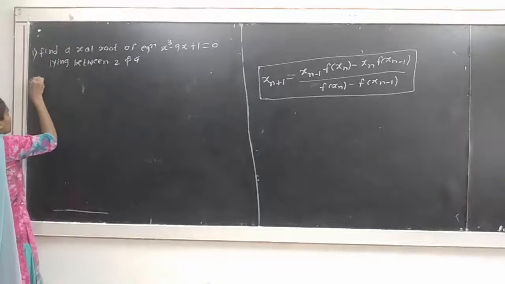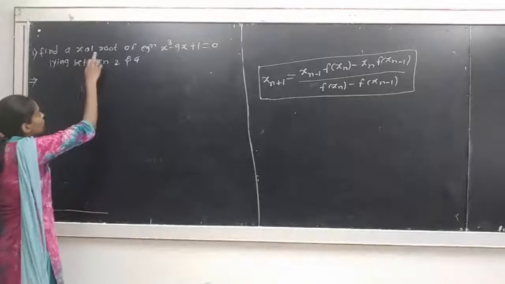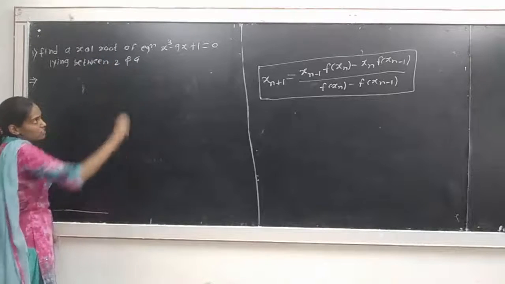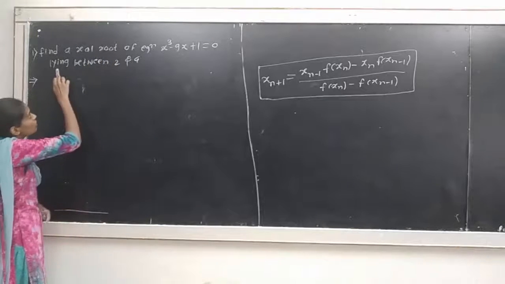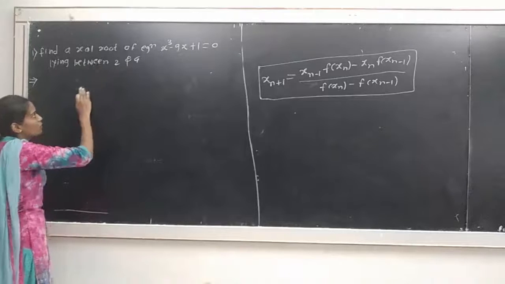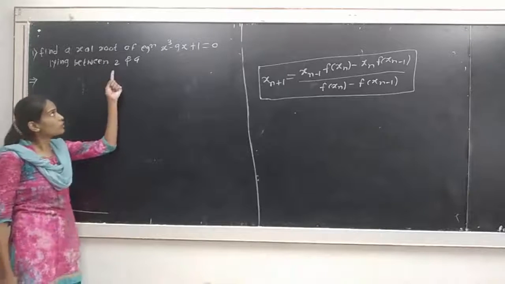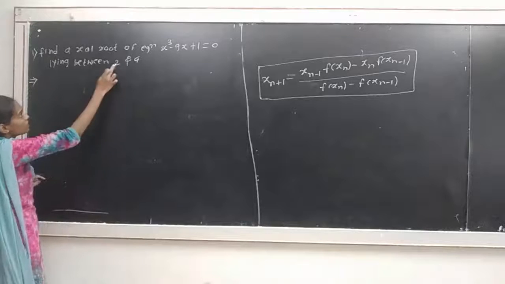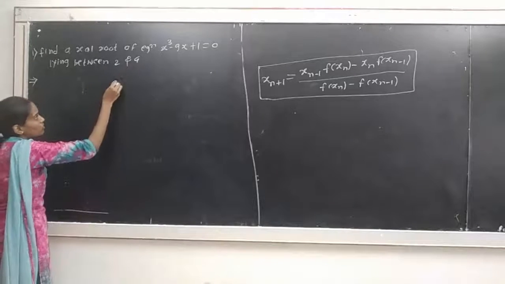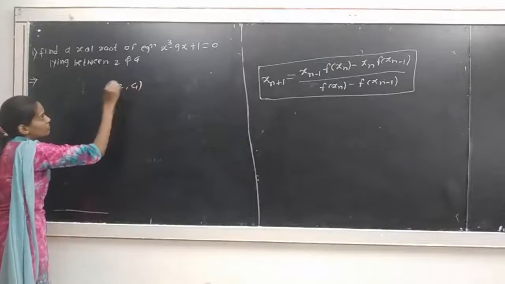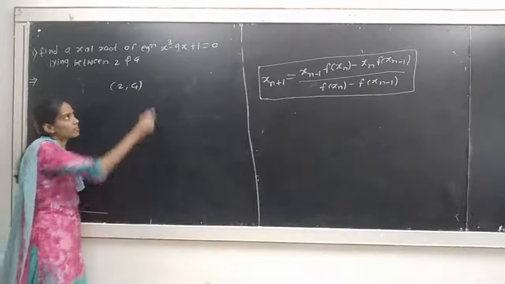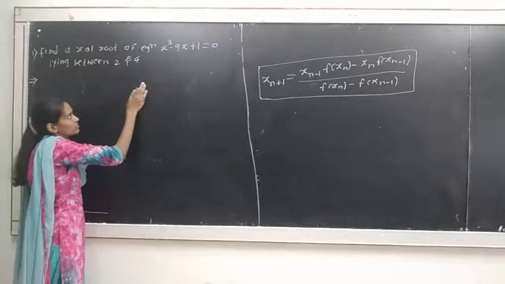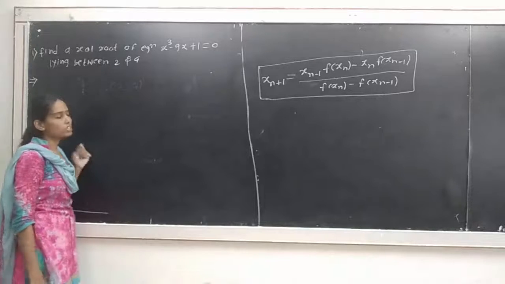Example number 1. The real root of the equation x cube minus 9x plus 1 is equal to 0 lies between 2 and 4. Here we are given the 2 points 2 and 4, that is, the interval 2 to 4 in which we have to find the root of that equation by using the regula-falsi method.